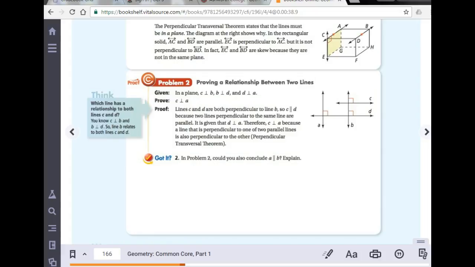Now, in the got it section here, it says in problem 2, could you conclude that A is parallel to B?